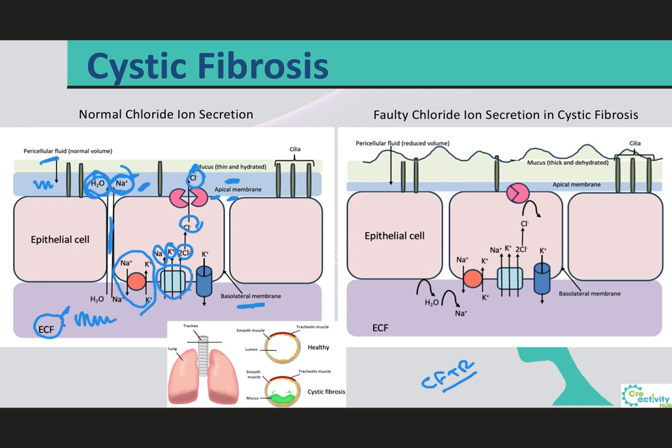Now, in most forms of cystic fibrosis, the defective chloride ion channel is going to be degraded by the cell and consequently is not inserted into the plasma membrane, and this will cause the chloride secretion by the cell to decrease.